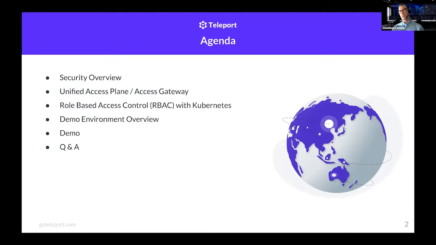Then I'll talk about native RBAC capabilities within Kubernetes. I'll then provide an overview of my demo environment, followed by a demo. And lastly, I will answer any questions that have been added to the Q&A portion of this Zoom. So we're going to start with some theory, move into some architecture, and then hopefully a cool demo, putting it all together.